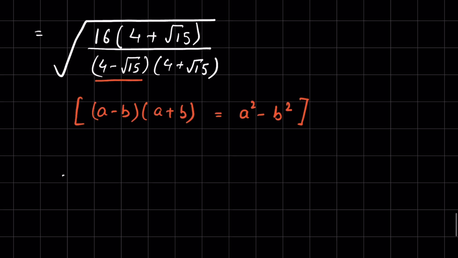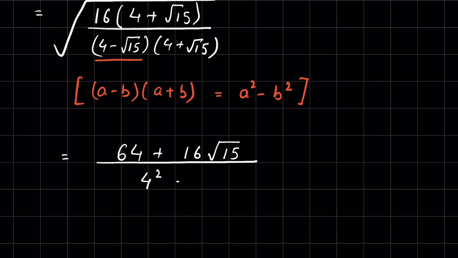So in the numerator, let's multiply. 16 times 4 is 64 plus 16 times square root of 15, upon 4 square minus square root of 15 square, under square root.